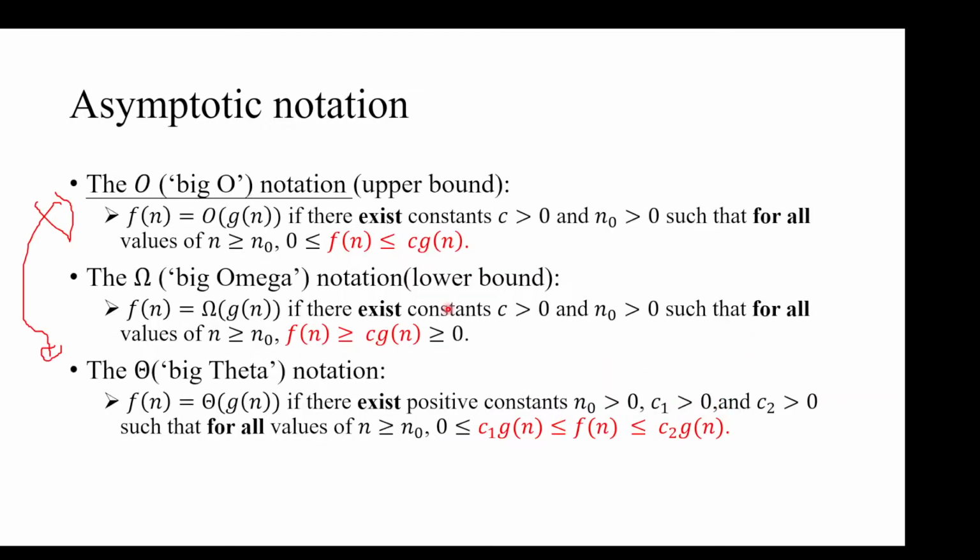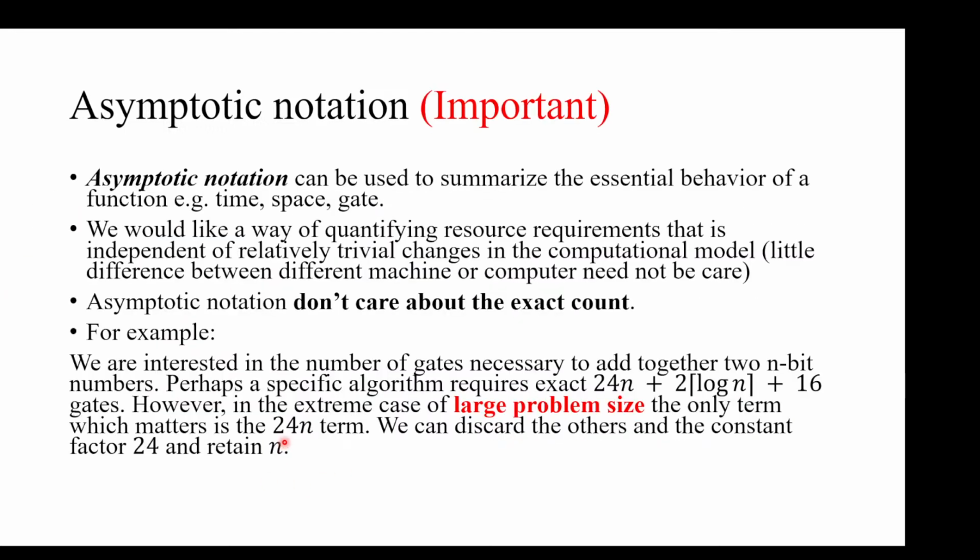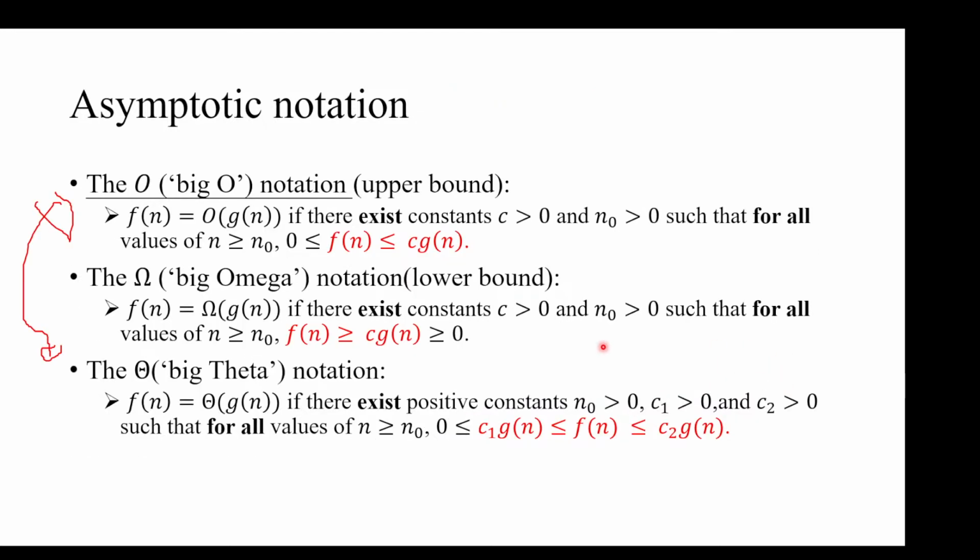But a lot of the time when people say big O(n), they actually mean big theta n, because this is also big theta n. The difference is that big O is only an upper bound, but big theta is both the upper bound and the lower bound.